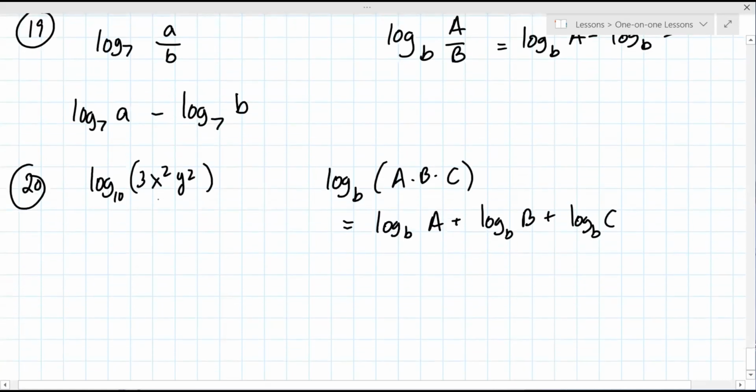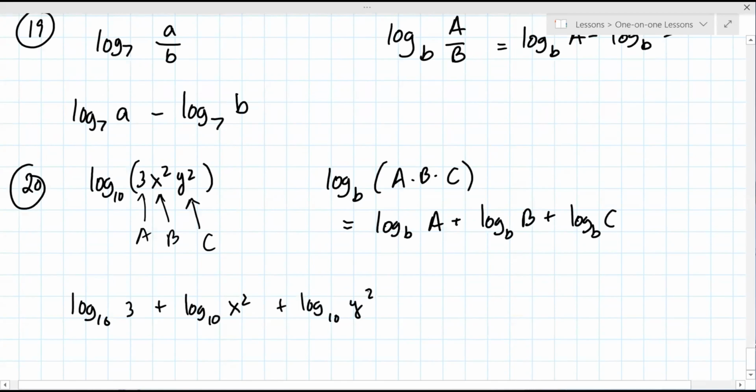So in this case, your a is the 3, your b is the x squared, and your c is the y squared. This becomes log base 10 of 3 plus log base 10 of x squared plus log base 10 of y squared. Not so bad.